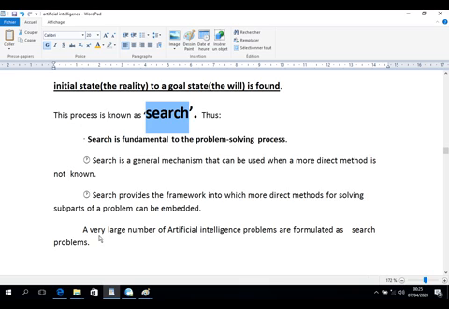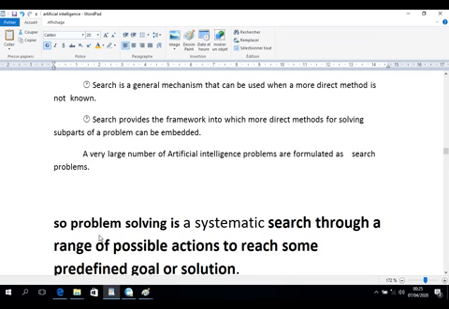A very large number of artificial intelligence problems are formulated as search problems. So it means that problem solving can be defined as a search problem.